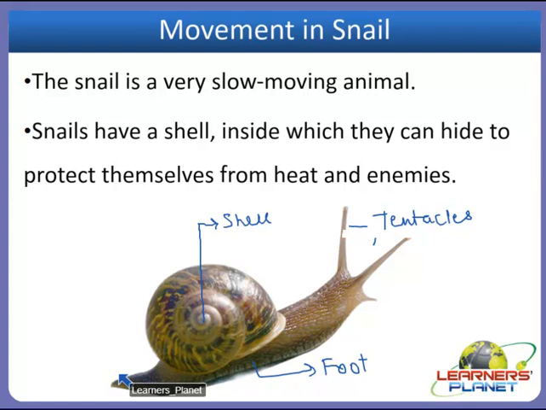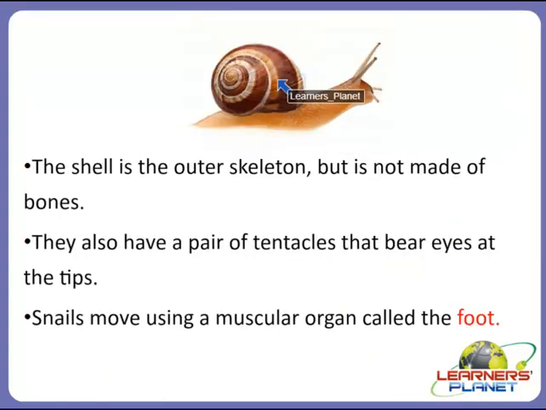They also have a pair of tentacles that bear eyes at the tips, and the snails move using a muscular organ called the foot. So here you can see a beautiful picture of snail, and what we discussed, that it has outer skeleton, a pair of tentacles as well as a muscular organ called the foot.